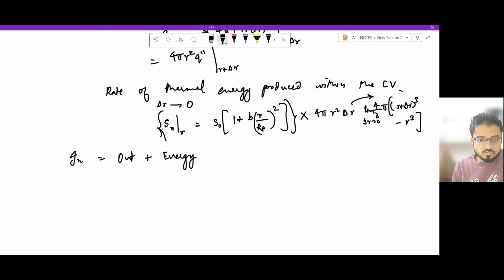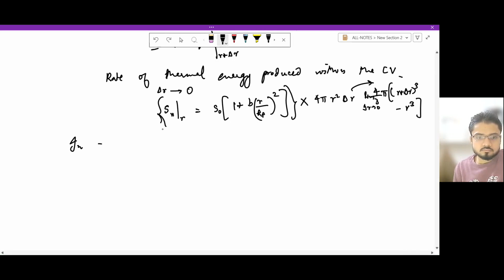So in plus generation would be equal to out, right? This sounds reasonable, right?